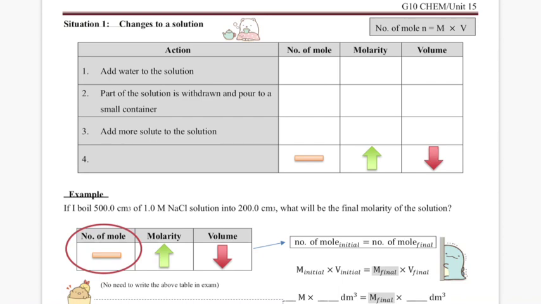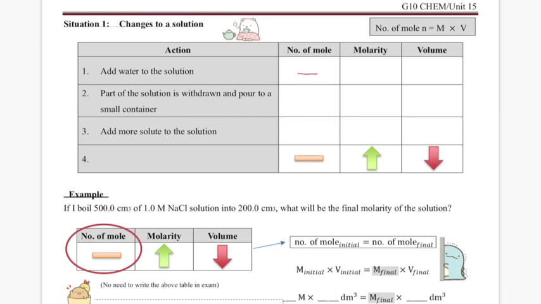Now let's go through the table together. In the first case, we have adding water to the solution. First, let's consider, is there any change to the number of moles of the solute? Here we only add water. Water is a solvent. There is no direct change to the solute, so we can write a dash to represent that it remains the same. And how about the volume?